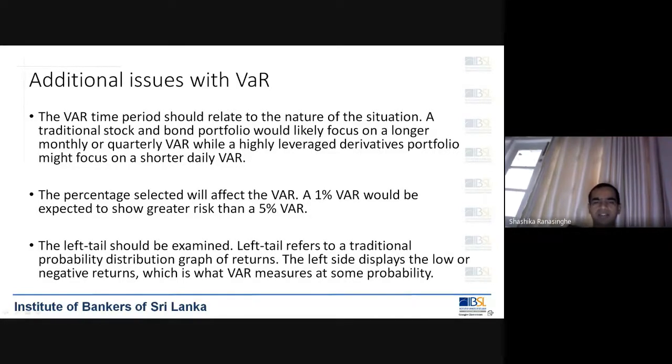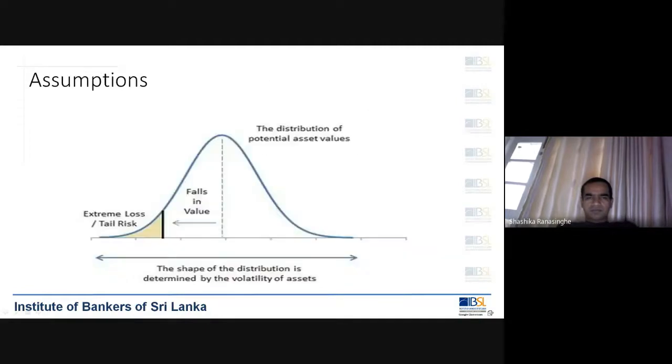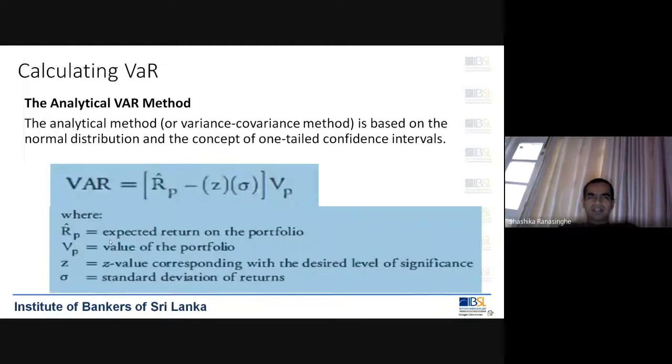Left tail refers to the traditional probability distribution of returns. The left side displays the low or negative returns, which is what value at risk measures at some probability. So the losses will always be on the left, because you are looking at the risk, you have to always observe the left side.